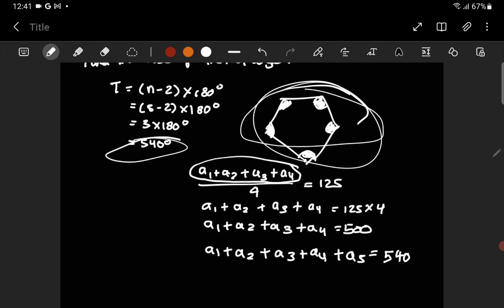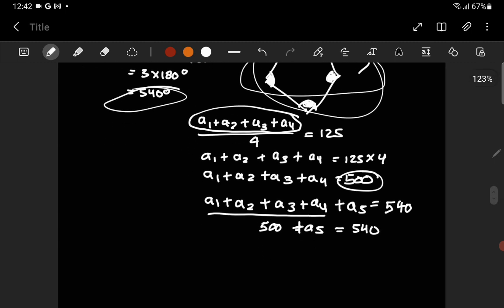And then I will do the substitution. A1 plus A2 plus A3 plus A4 is equal to 500, so I can make it 500 plus A5 is equal to 540. And then A5 will be 540 minus 500, which gives you 40 degrees.